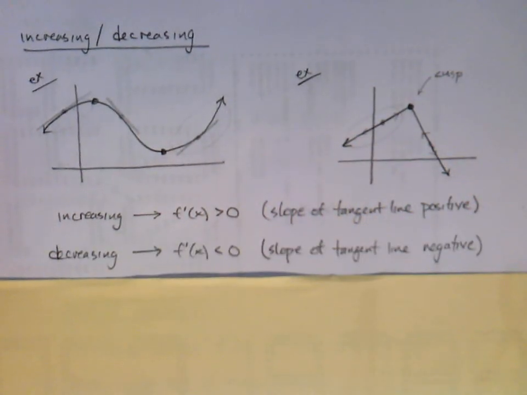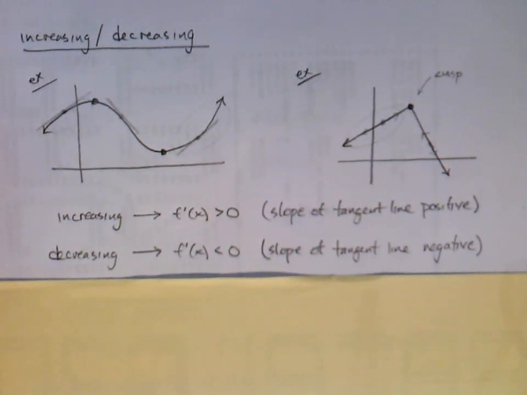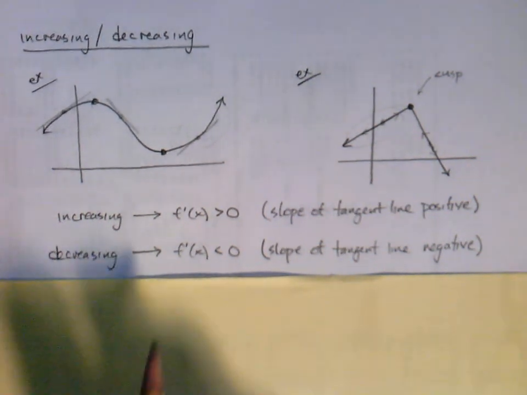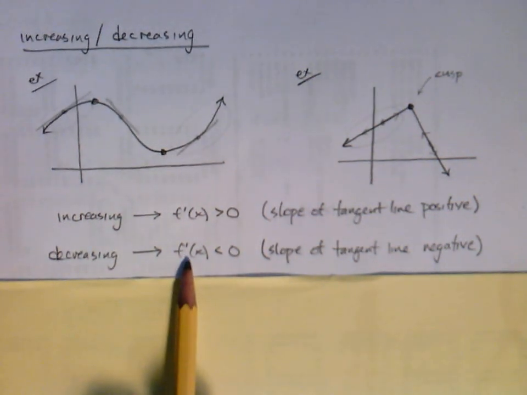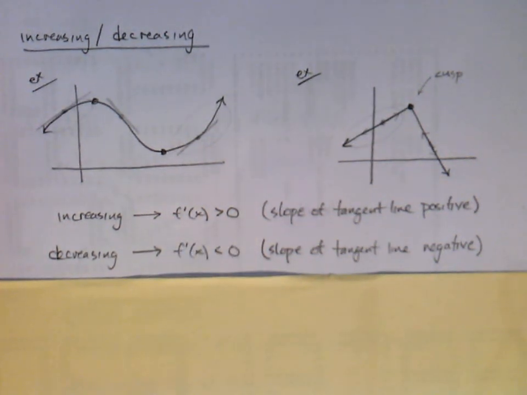So if you're decreasing, then you know your derivative's going to be less than zero, negative. Hey, so if we can find the derivative of our function and we know this is true, that's going to really come in handy. We can tell where our function is increasing or decreasing without even seeing the graph itself.